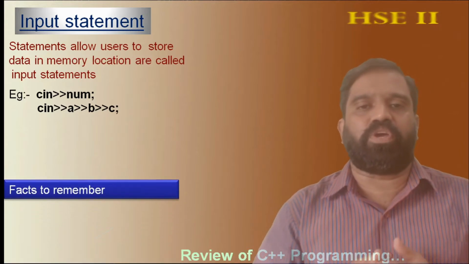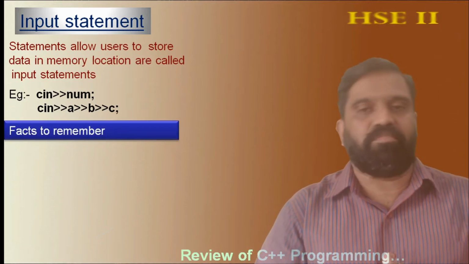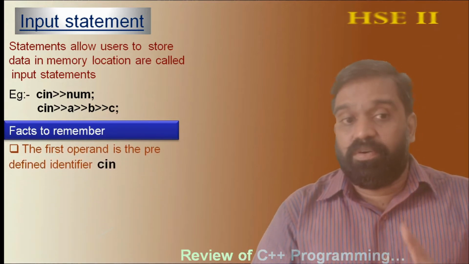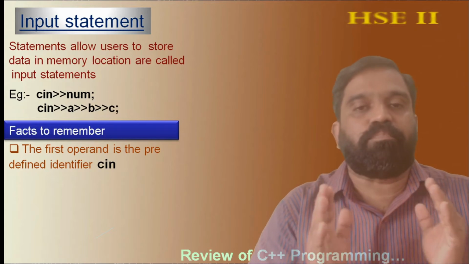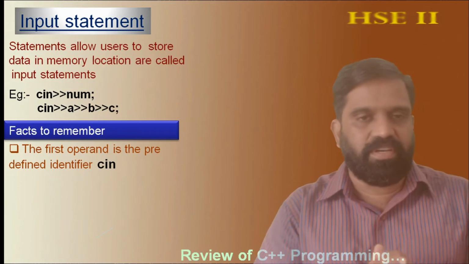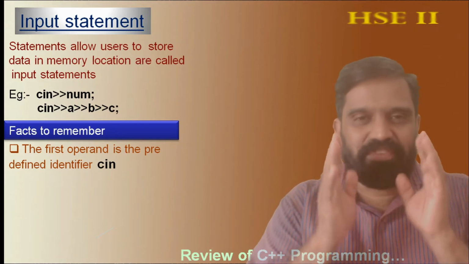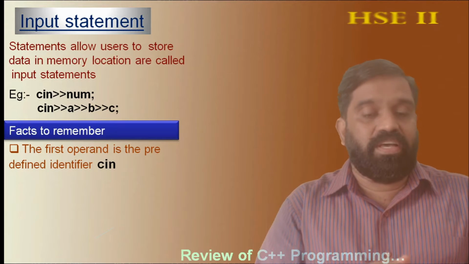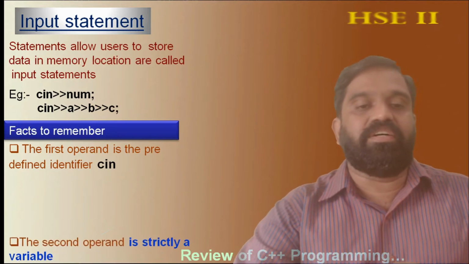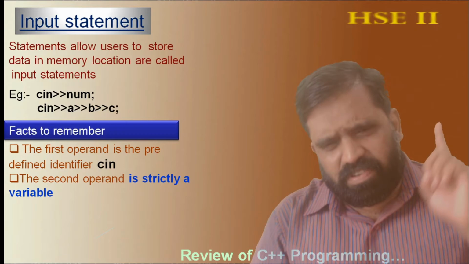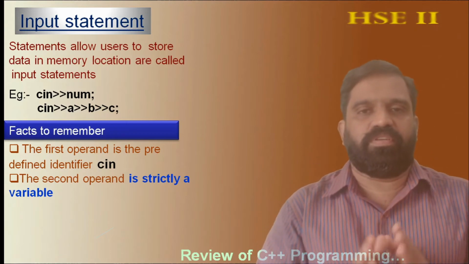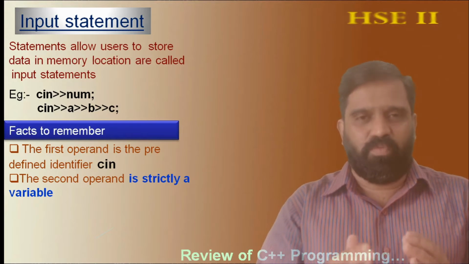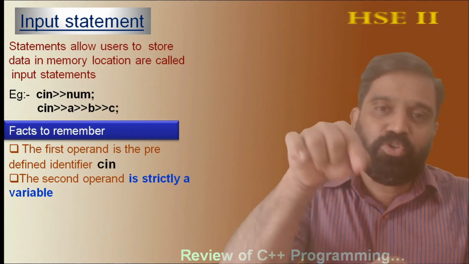A few facts you have to keep in your mind while using input statements. See here, the first operand is the predefined identifier cin. The first operand cin should represent the input device, the keyboard. That is very important. And the second operand is strictly a variable, because with the help of the input device we have to store a value into a variable.